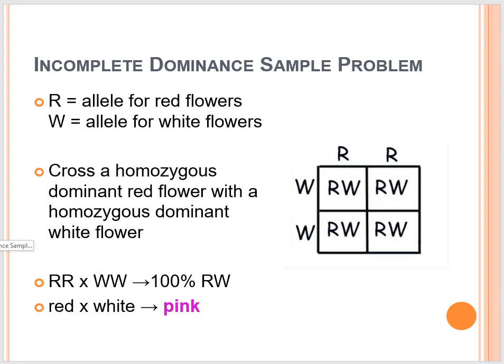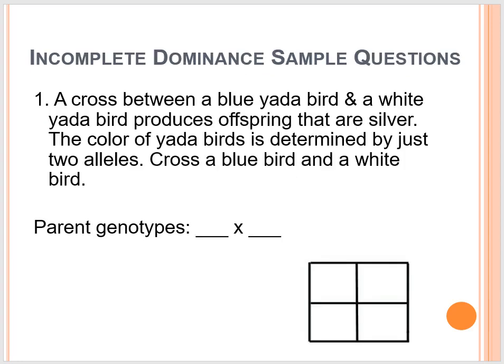All right, so we're gonna look at a yada bird. Yes, that's a real bird. We're talking about dominance now, so give me the genotype for my blue yada bird. It's going to be crossed with a white yada bird.